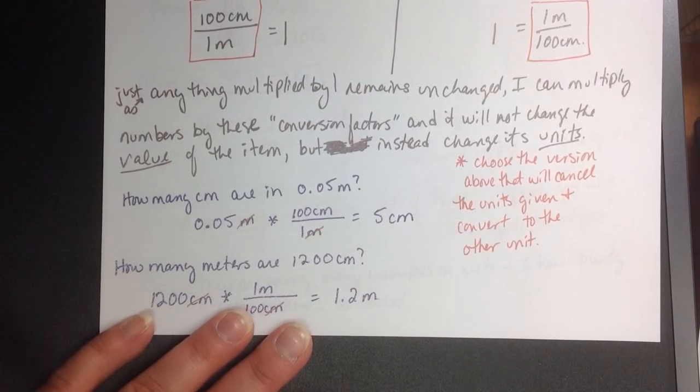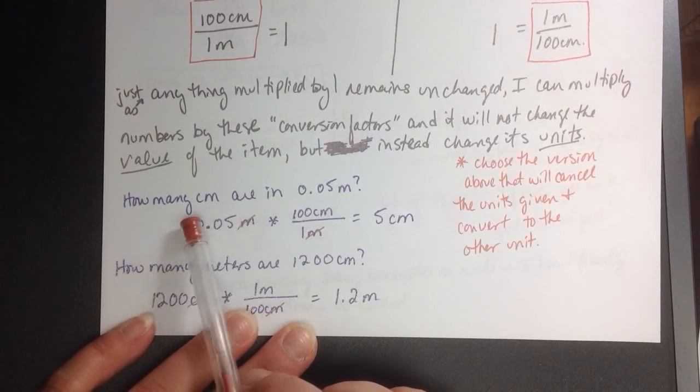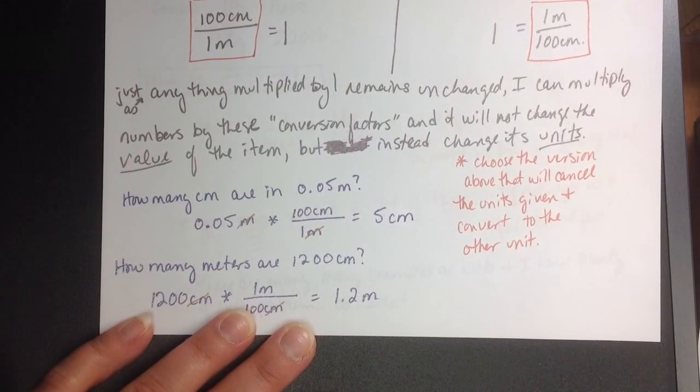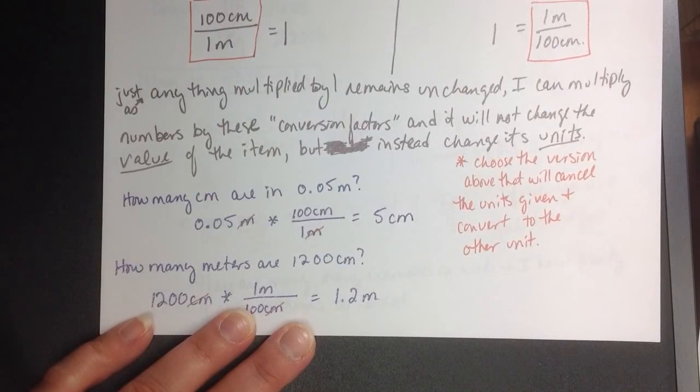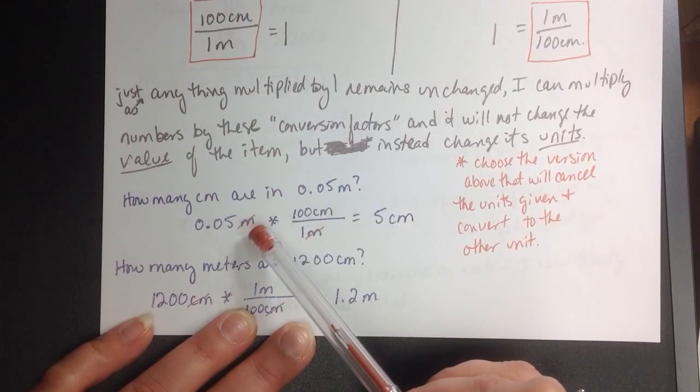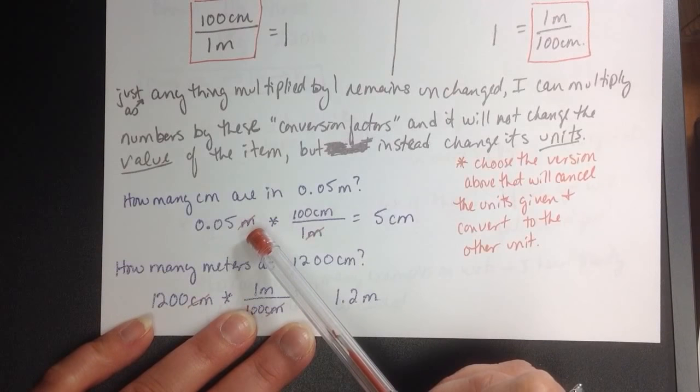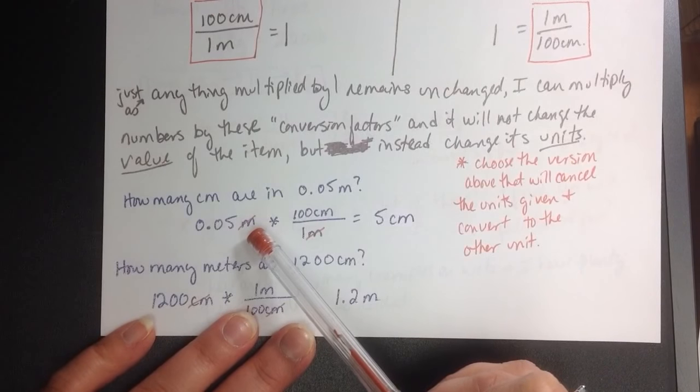So let's say, for example, we have a question, and it says, how many centimeters are in 0.05 meters? Well, I'm going to start with saying I have 0.05 meters. And because I have this unit, I don't want to have that unit anymore. I want to have it in centimeters.